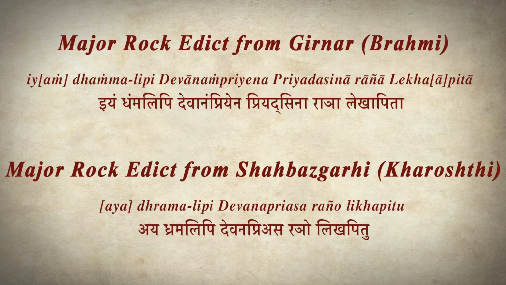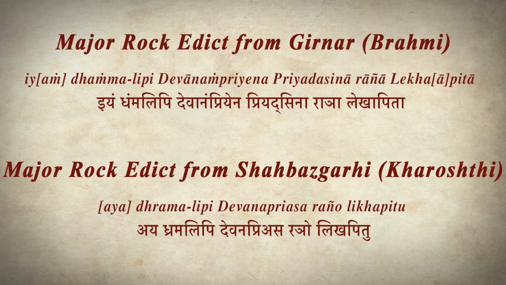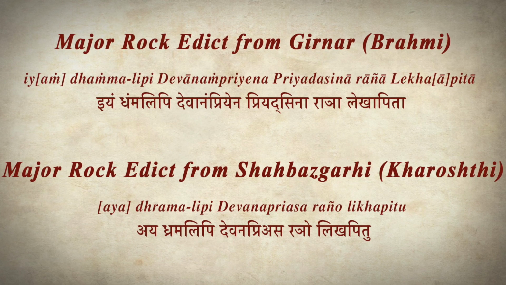The way these phrases are composed makes it clear that they are not talking about the name of a script. Instead, they are talking about Ashoka's writing on Dhamma, or how Eugen Hultzsch describes it, Ashoka's rescript on morality. So based on these arguments, it is clear that here Dhammalipi does not refer to the name of a script.